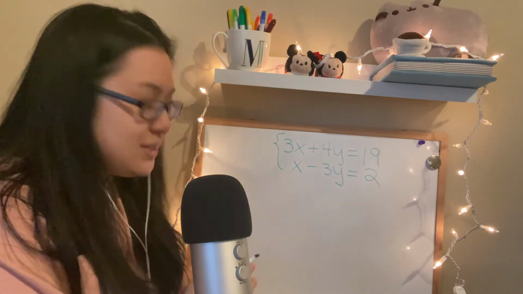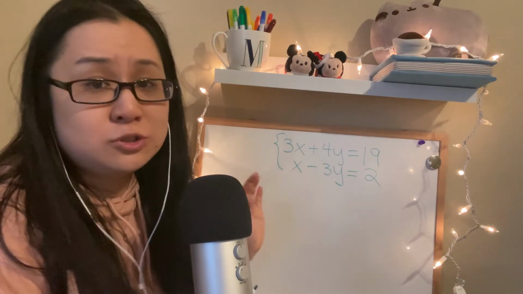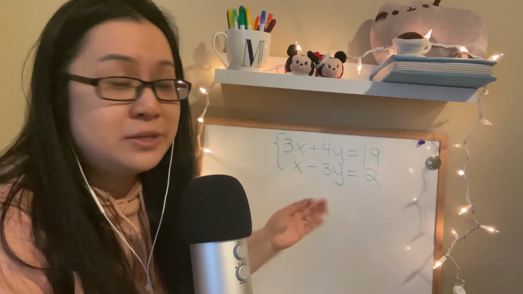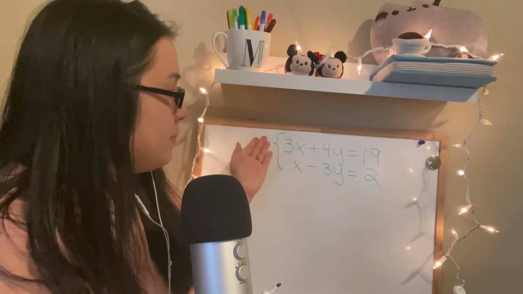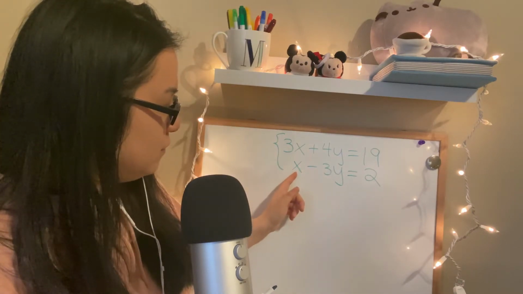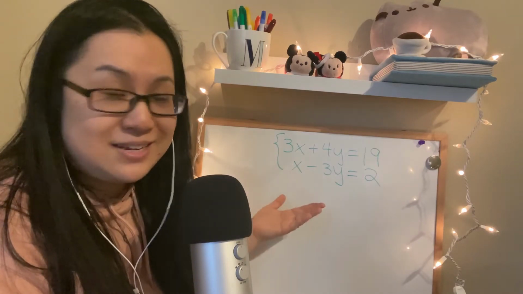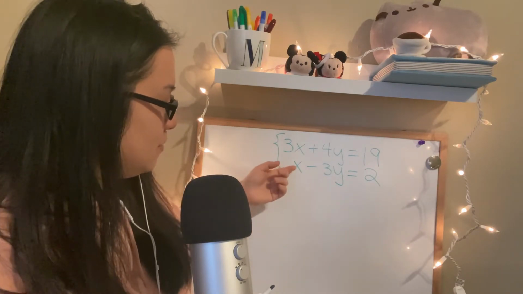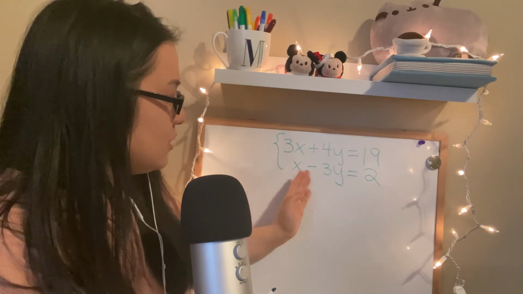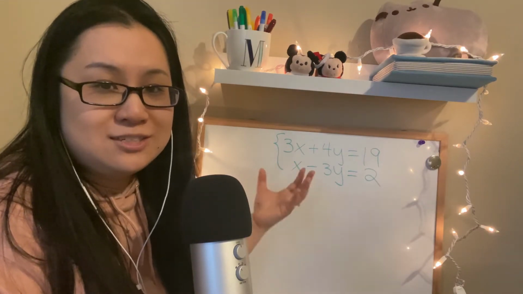So, like I said, it does not matter which equation you start with, but sometimes it is easier to pick one over the other, because in this case, there is no coefficient in front of the x. There's like a little secret 1, because 1 times anything is itself, so 1 times x will be x. And because of that, if I solve for x in terms of y, I won't have to do a division step.